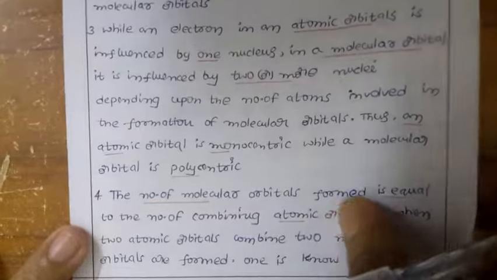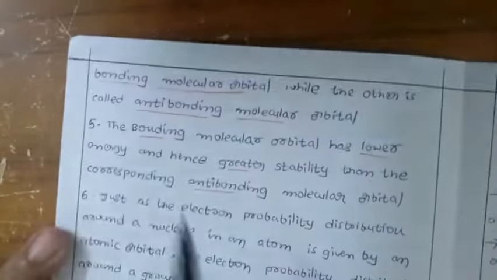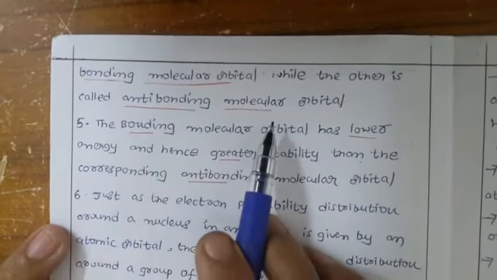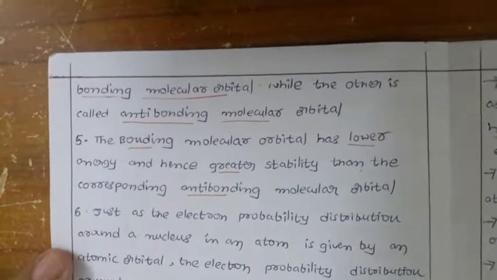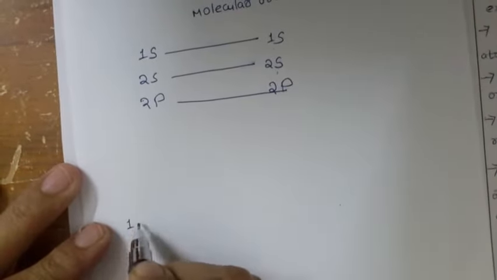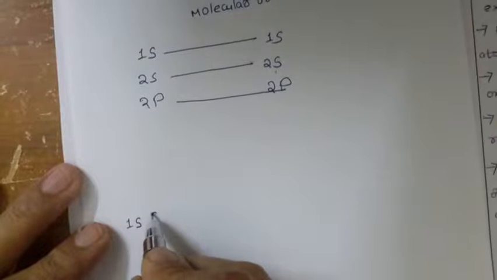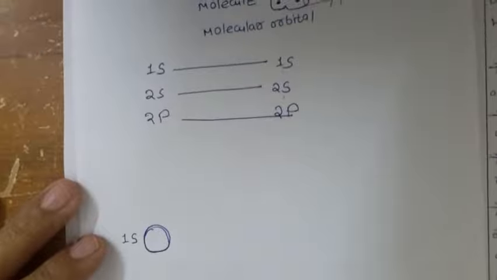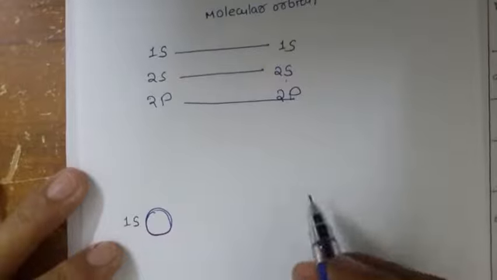One is known as the bonding molecular orbital, while the other is called the anti-bonding molecular orbital. For example, I am writing for hydrogen: in the case of hydrogen, we have one electron in the 1s orbital.